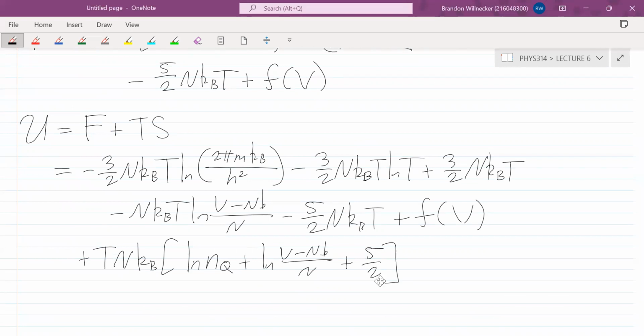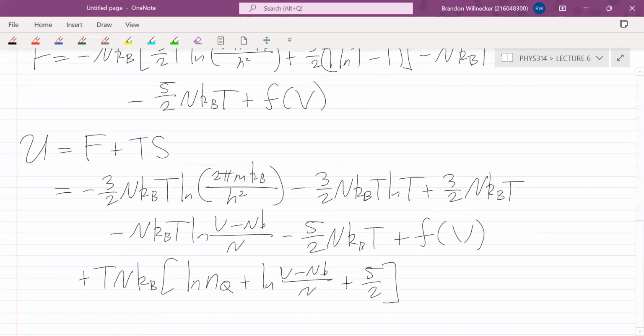Okay, and then a lot of things are going to cancel. So this first part here, minus 3 over 2 times T natural log of that. This and this is going to go. That and that's going to go. The 5 over 2 and that's going to go. And then that's going to go as well.